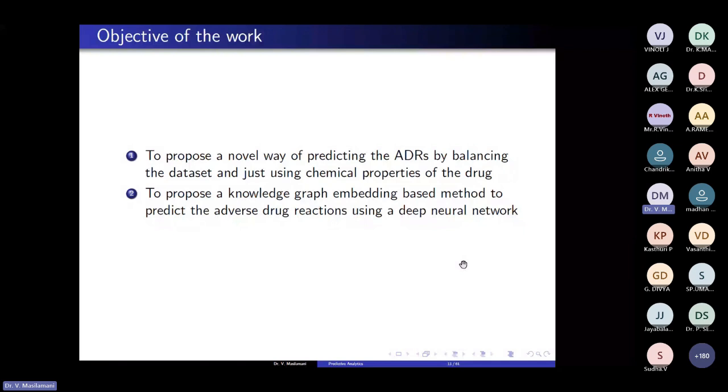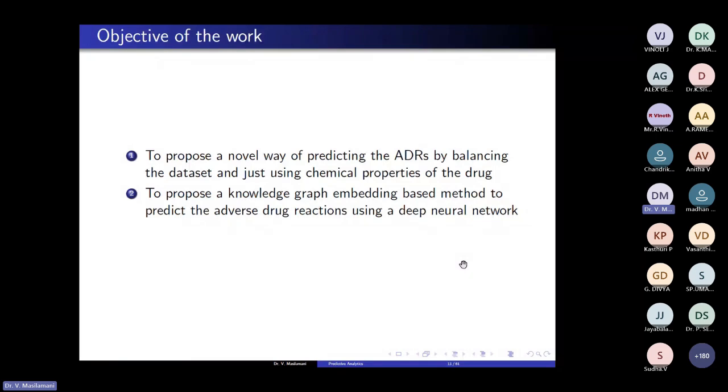Therefore, it is required to propose a novel method for predicting ADRs by balancing the data set. Why do we need to balance the data set? The number of positive samples is so small compared to the number of negative samples. In one work, we proposed an idea to balance the data set, we made some ensemble models, and then we predicted the ADRs. In another work, we built something known as a knowledge graph, and using the knowledge graph, we predicted the adverse reaction.